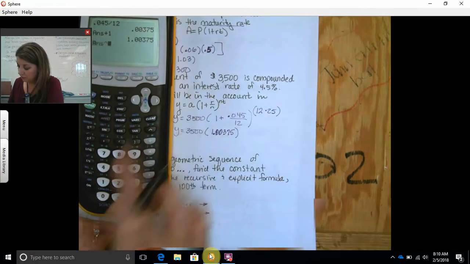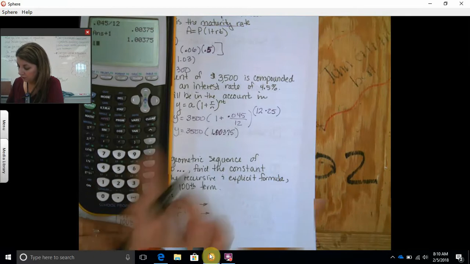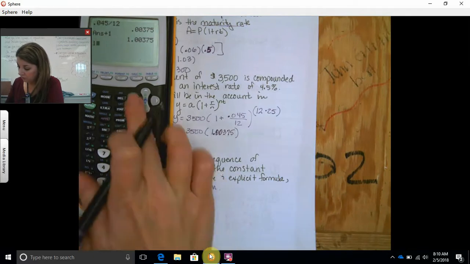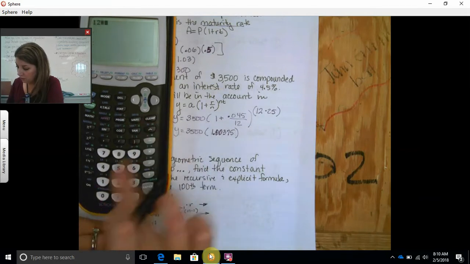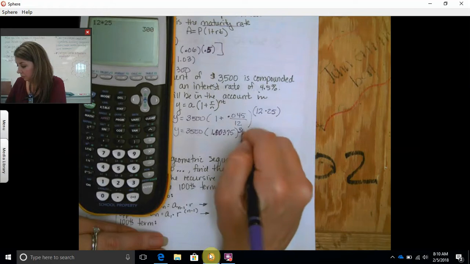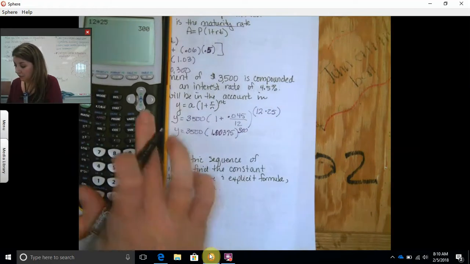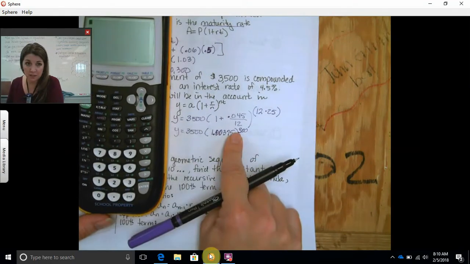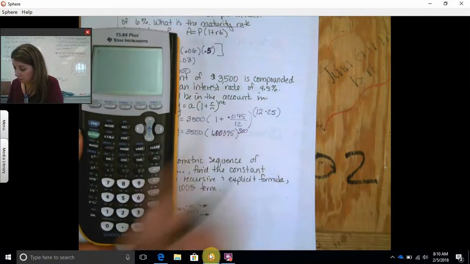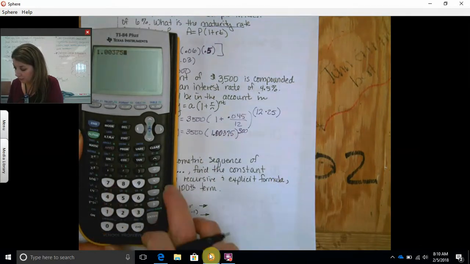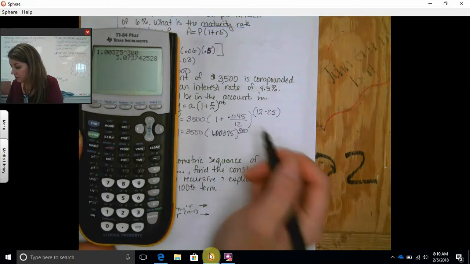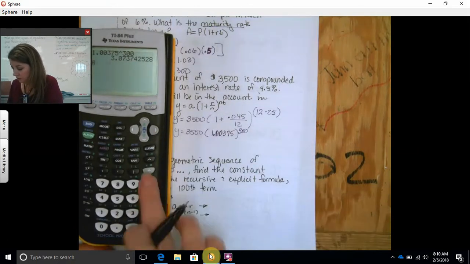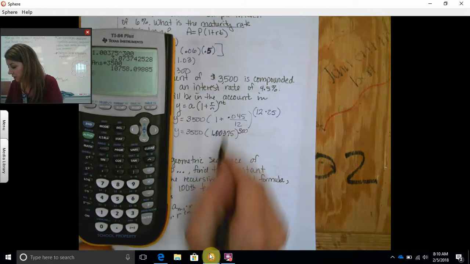Raised up to the, let me just do it, 12 times 25 is 300. Okay, again, I would not put all this in my calculator at once. I would do 1.00375. Double check, make sure you have it correct. Raise to the 300 first, and then multiply it times 3,500.